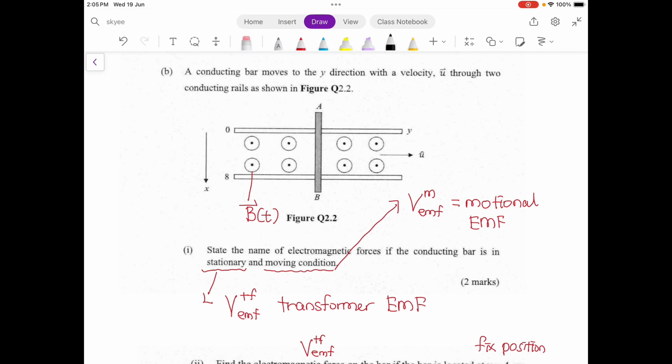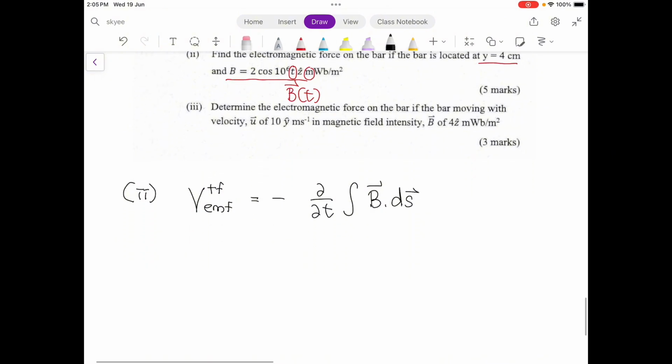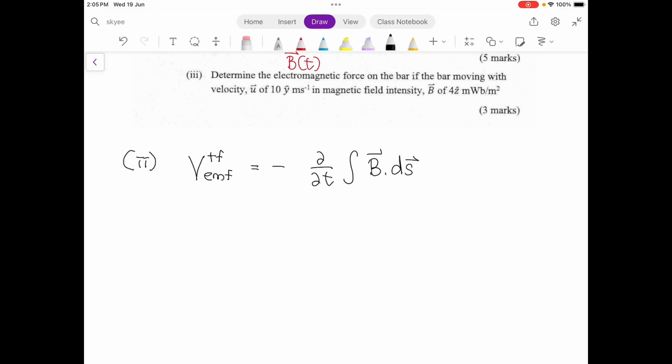You don't have many coils. So you can erase this n because it is equal to 1. Now let's do the integration first, then only we do the differentiation.